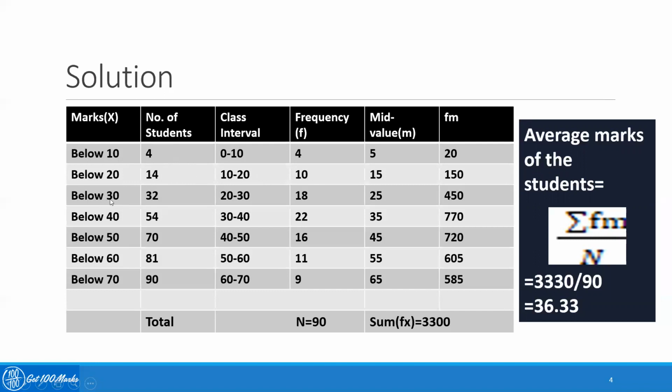Similarly, I'll make the third class interval 20 to 30, and the frequency of that particular class interval will be 32 minus 14, which is 18.